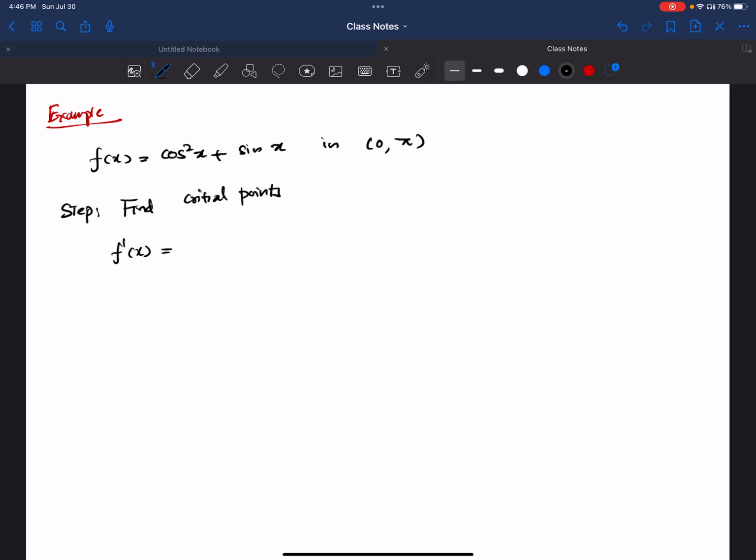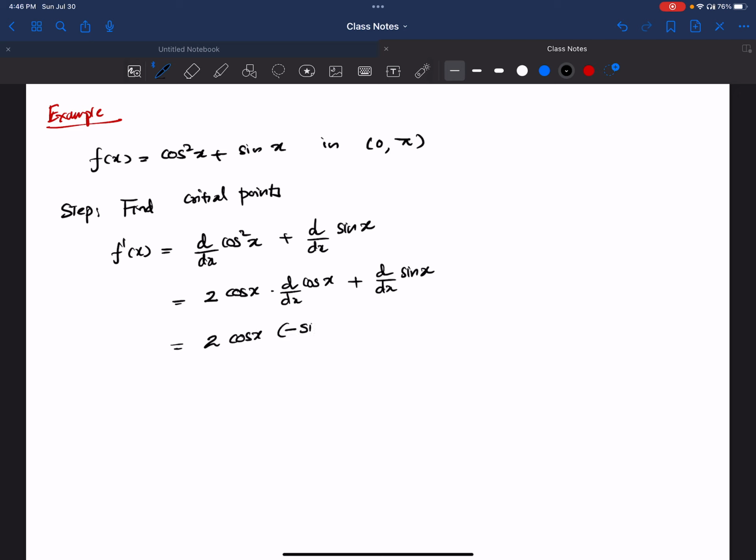f prime of x is equal to d over dx cosine squared x plus d over dx sine x. So this is 2 times cosine x times d over dx cosine x plus d over dx sine x. This is 2 times cosine x times negative sine x plus cosine x.